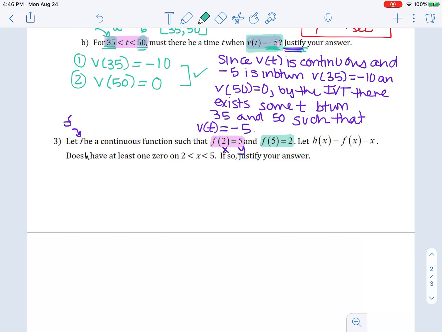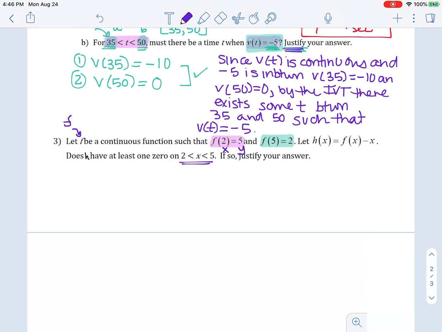Now we've got a new function, h of x. Let h of x equal f of x minus x. Does h have at least one zero on [2, 5]? That is screaming at you. That is saying use your IVT.